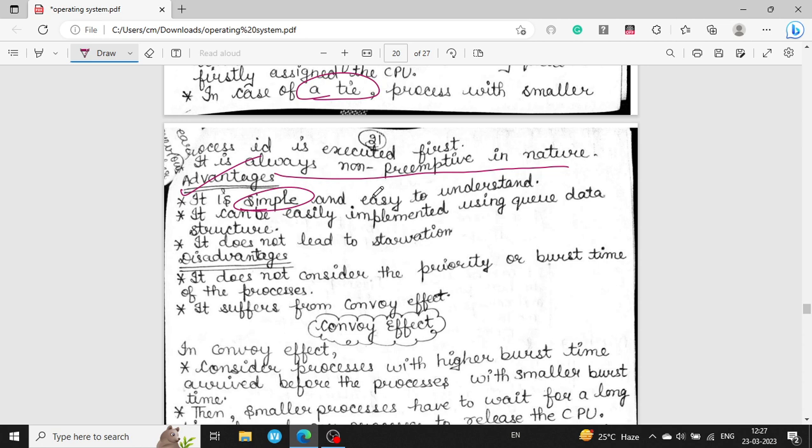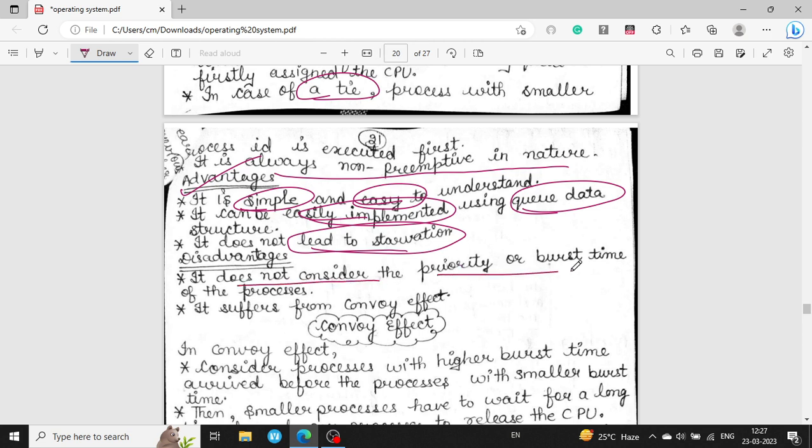Advantages: it's simple and easy to understand. It can be easily implemented using a queue data structure. It does not lead to starvation. Disadvantages: it does not consider priority or burst time of processes. It suffers from the convoy effect. What is the convoy effect?